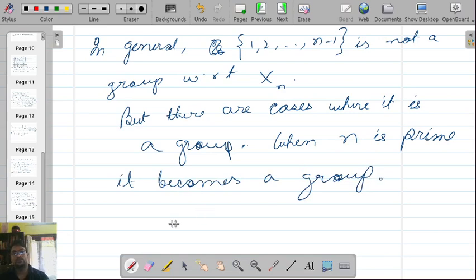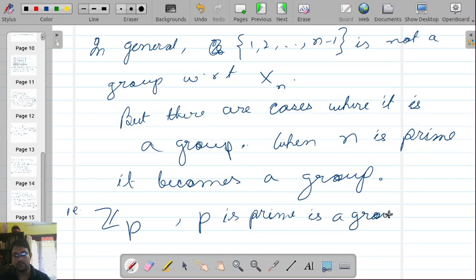That particular group is usually denoted by Zp, where p is prime. Zp, where p is prime, is a group with respect to multiplication modulo p.